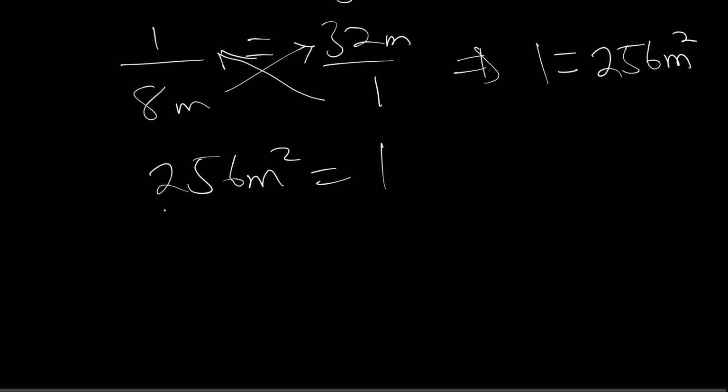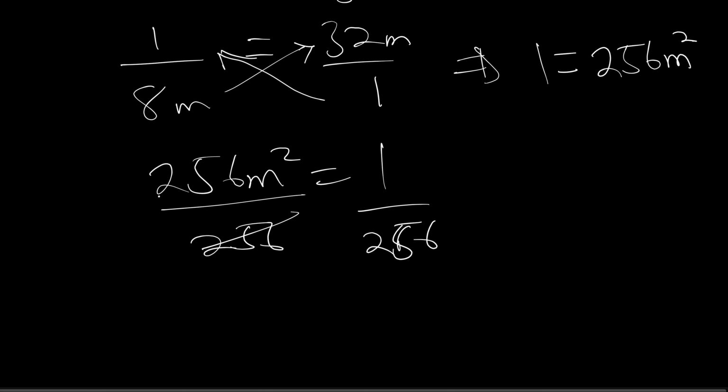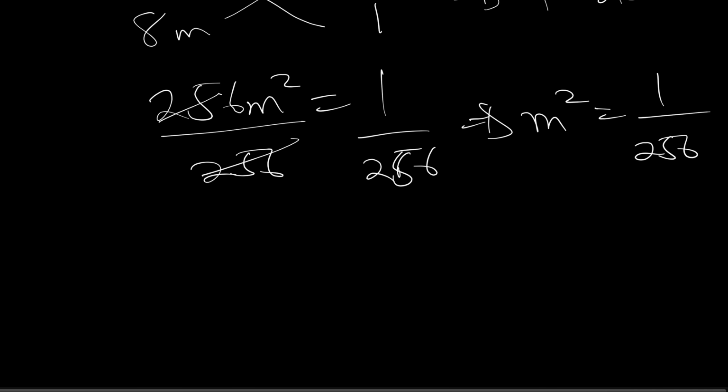So to find m, we divide both sides by 256. So this cancels this. This brings us to m squared is equal to 1 over 256. But we need m, we don't need m squared. So here we take the square root of both sides.